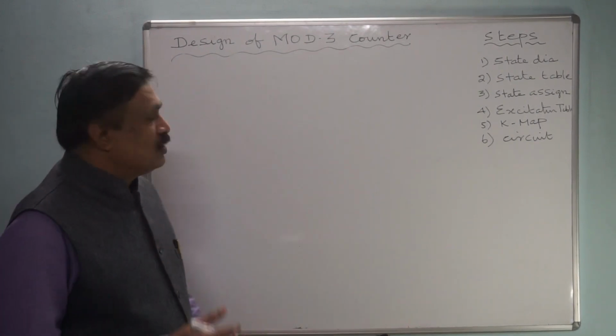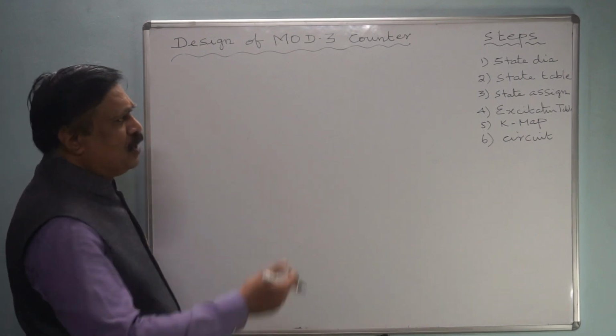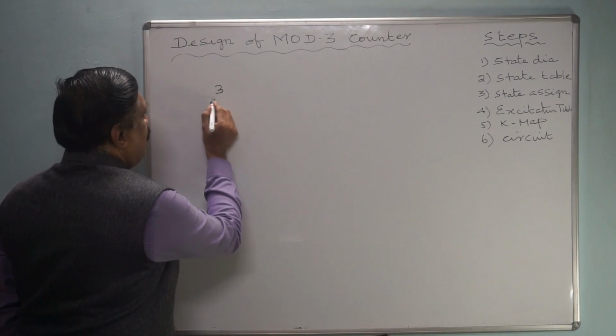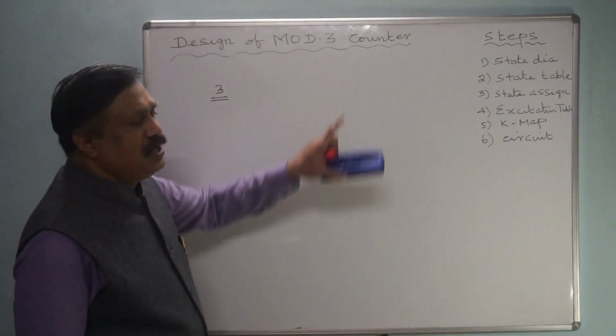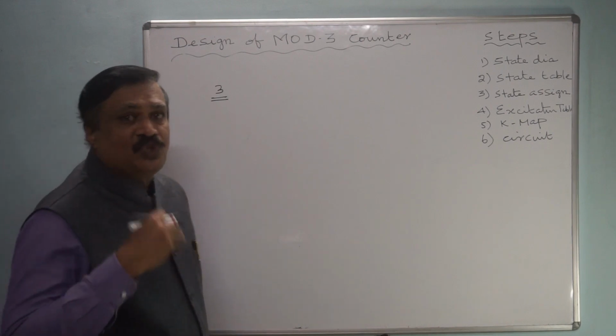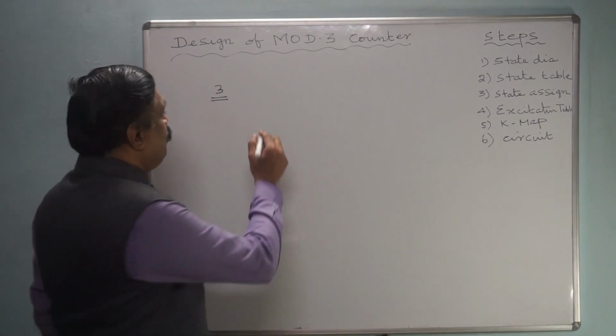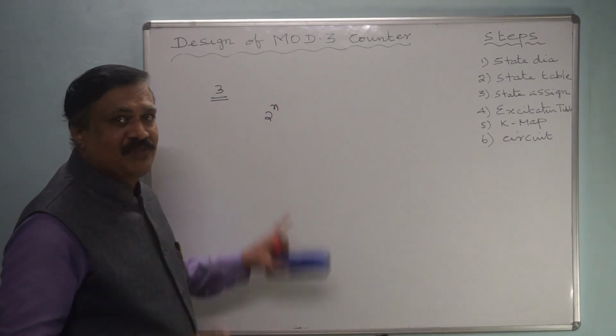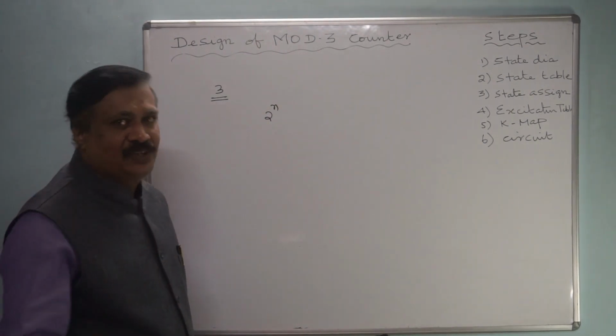Therefore, we have to make some assignment. It is a 3-state counter, mod 3. Therefore, how many variables, which truth table do we have to use? 2 power n, as you already know. This is the formula we use for all truth tables.